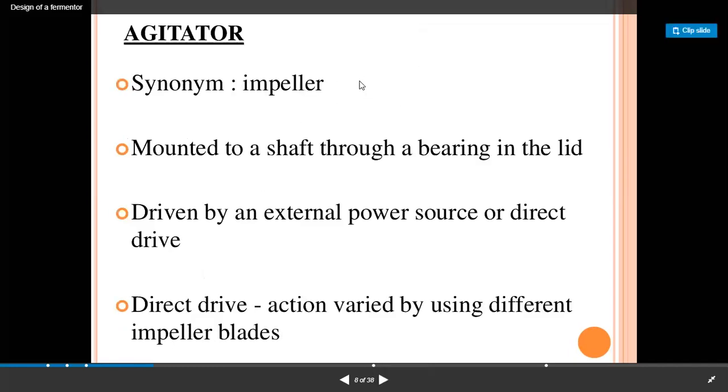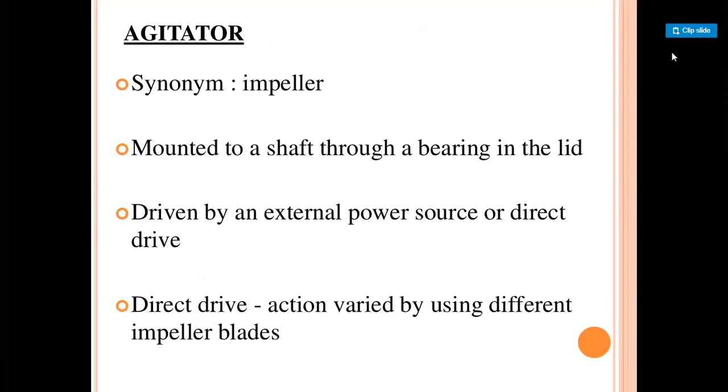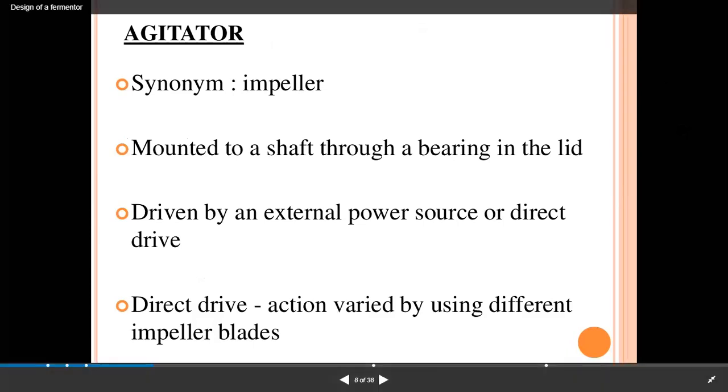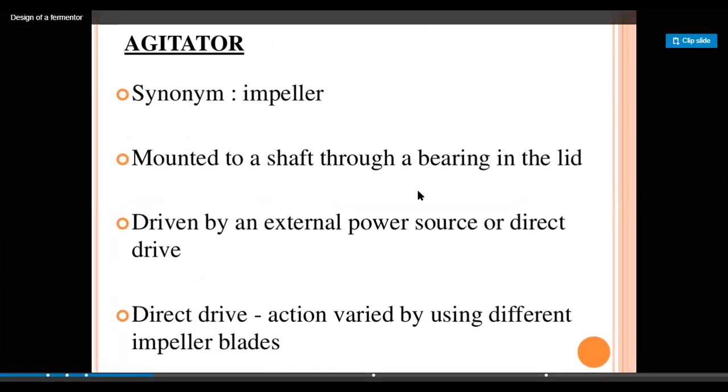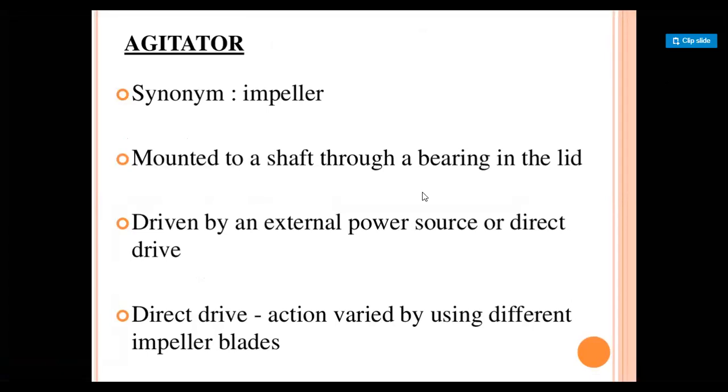Then agitation is nothing but proper mixing. By using the impeller, we agitate the entire liquid portions and any semi-solid portions present in the medium. We agitate with the help of this agitator. Then it is mounted on a shaft through a bearing in the lid, driven by an external power source or a direct drive. The drive action is varied by using different impeller blades.